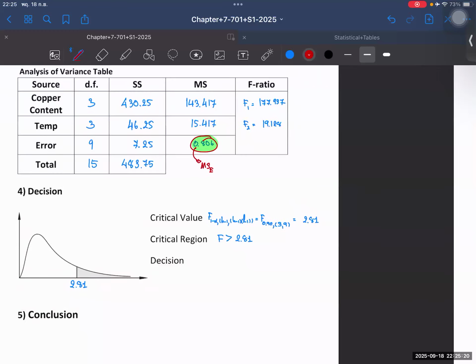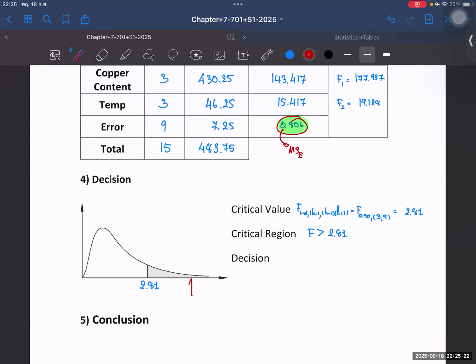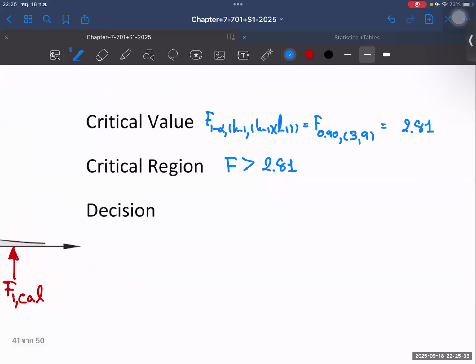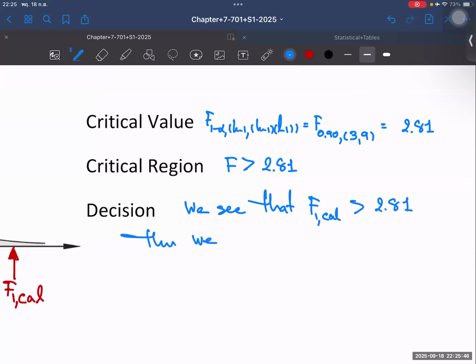So F cal is here, right? Okay. So we see that F1 cal is greater than 2.81. So then we reject H0.